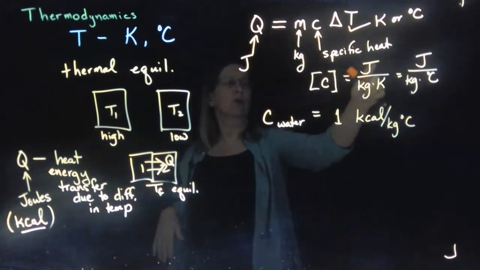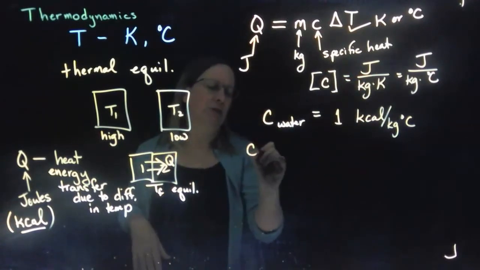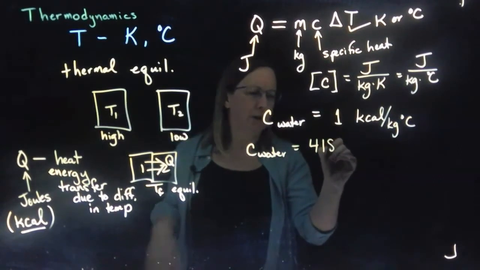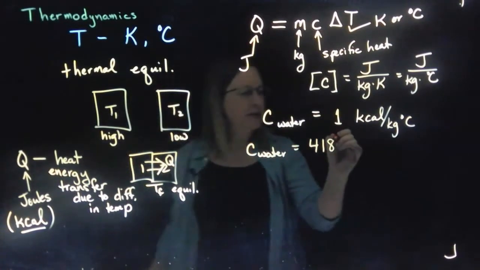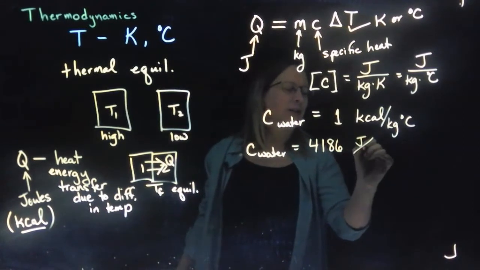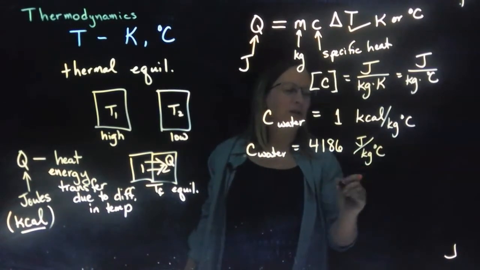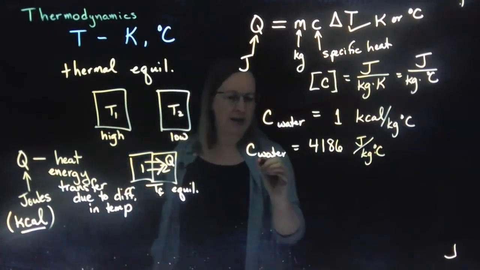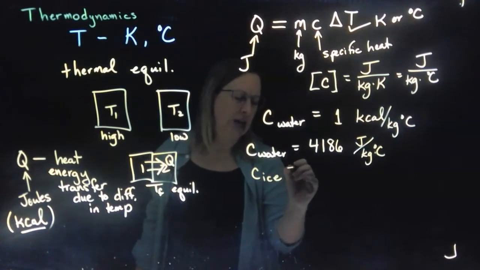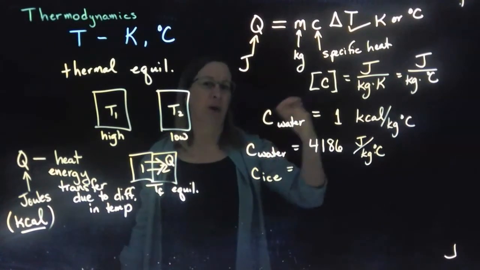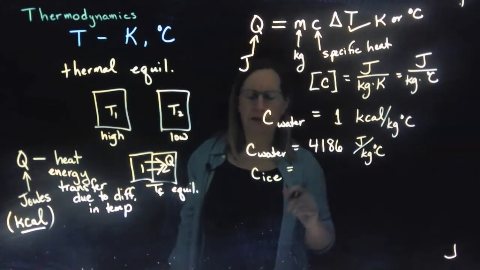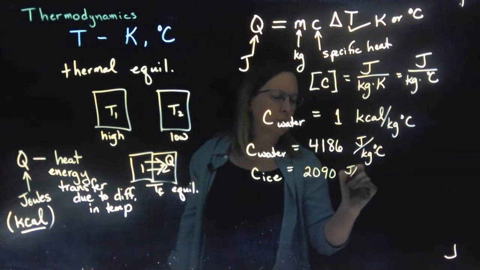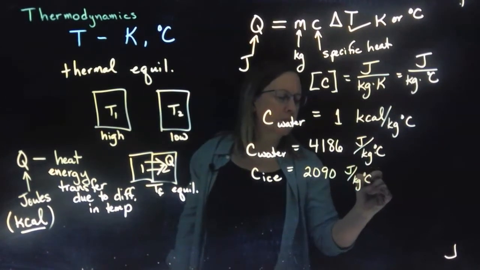In our units where we're looking at joules, the specific heat of water is going to be 4,186 joules per kilogram. I'm going to be using degrees Celsius for the most part. The specific heat of ice: it actually takes less energy to increase ice by 1 or 2 degrees than the same amount of water, because this is about 2090 joules per kilogram degree Celsius.